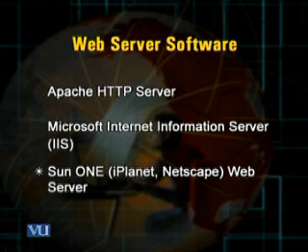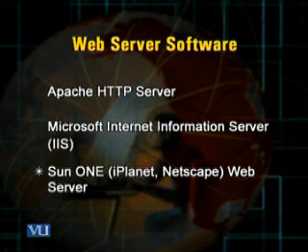Sun ONE is a product which resulted due to the joint efforts of AOL Time Warner Company and Sun Microsystems. It is also quite popular, and it runs both on Windows and Solaris.